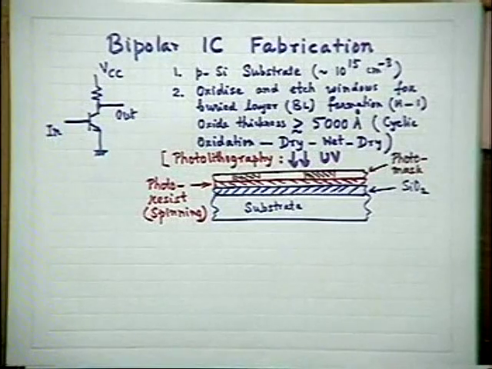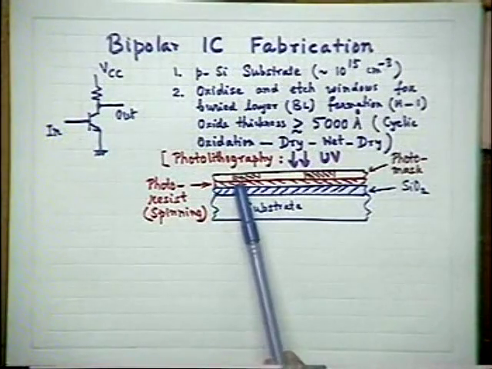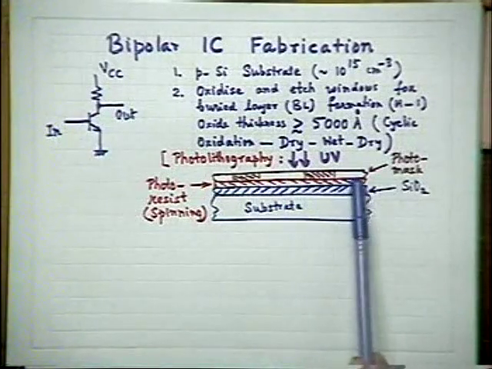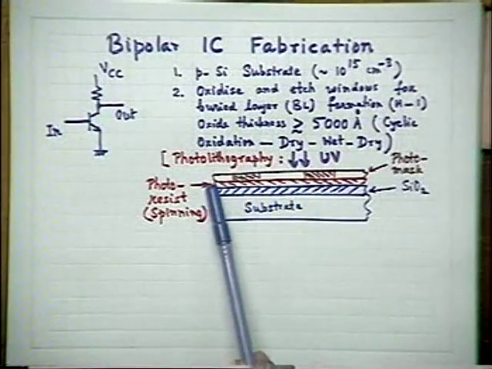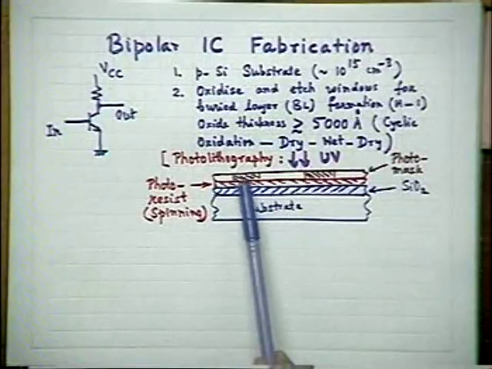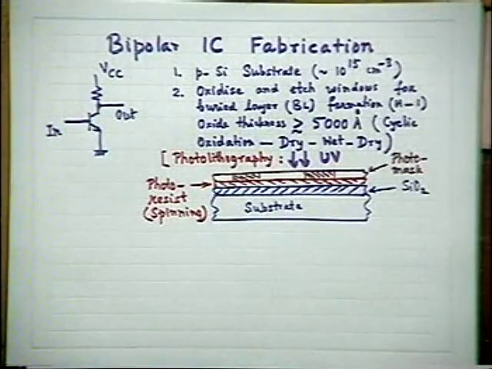So after a process called photoresist developing, resist will remain only over this region and this region, whereas from the unexposed region, the resist will be removed. So vice versa, the opposite will happen for the case of positive resist.